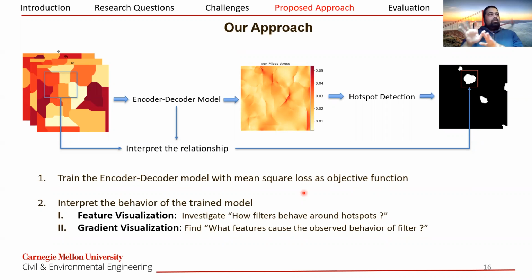What we want is for the model to learn the relationship between hotspots and the microstructure feature. That's it. Even if you have one Mises test, we destroy the original information, we rescale and resize it, and then we try to understand the relationship.